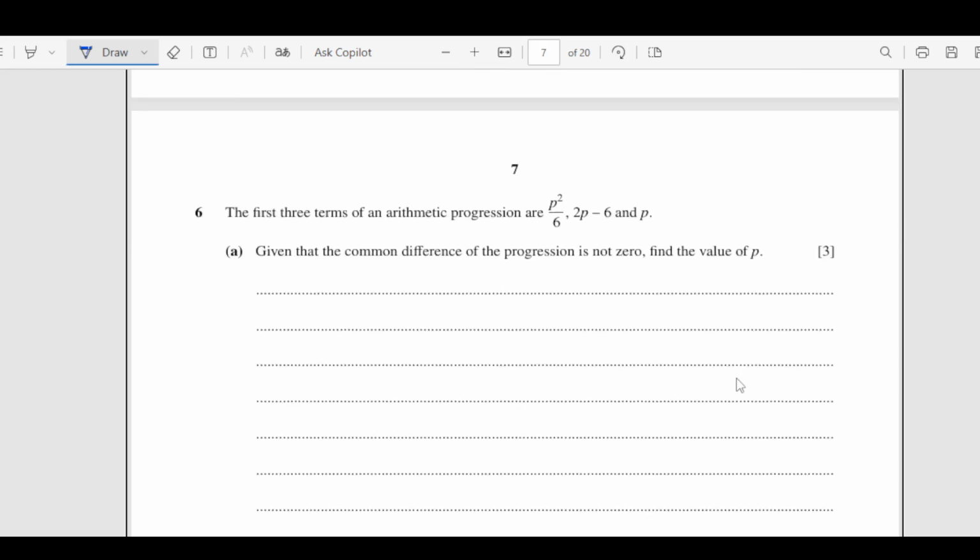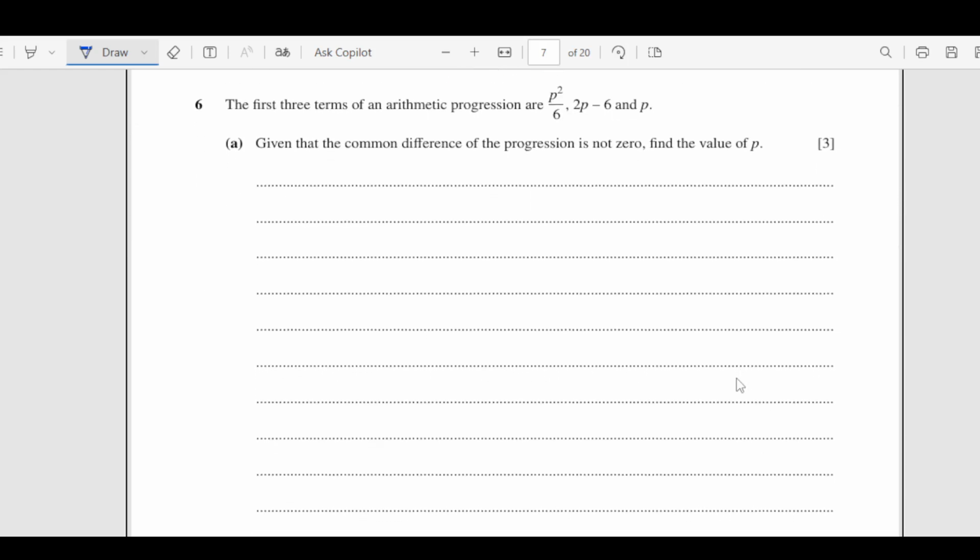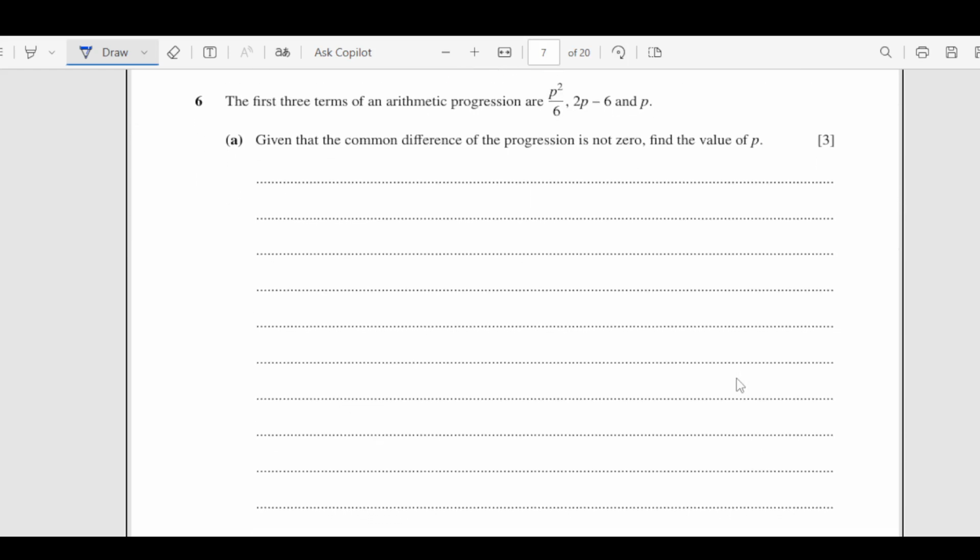Now number 6. The first 3 terms of an arithmetic progression are given. Given that the common difference is not 0, find the value of p. Now as this is an arithmetic progression, make sure when you read this. To find out the common difference d, we can do a2 minus a1 and a3 minus a2.